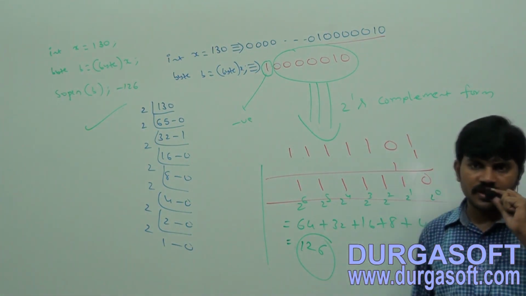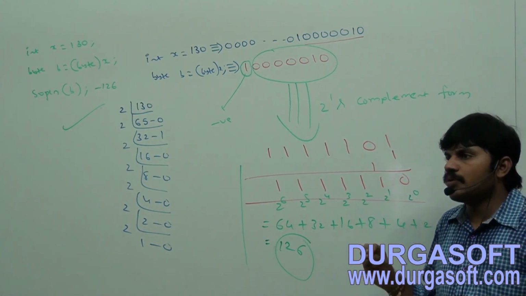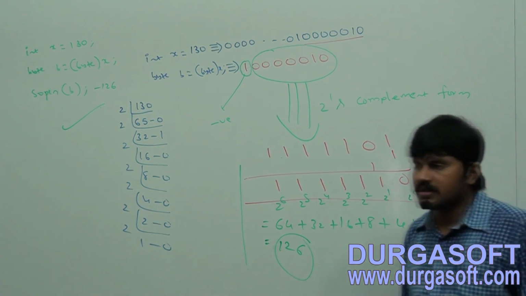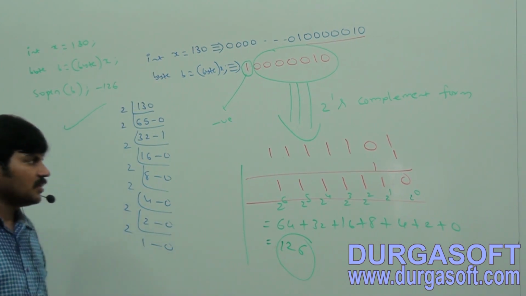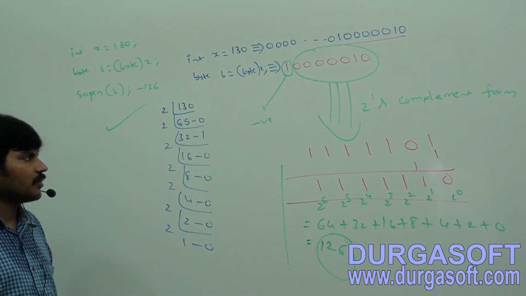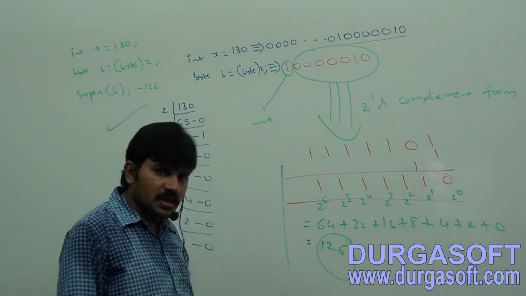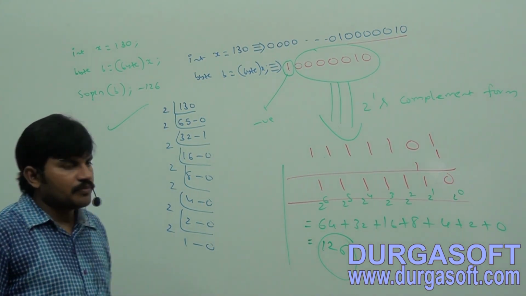The most significant bits will be lost. We have to consider only the LSB, the least significant bits. We have to consider only the least significant bits.